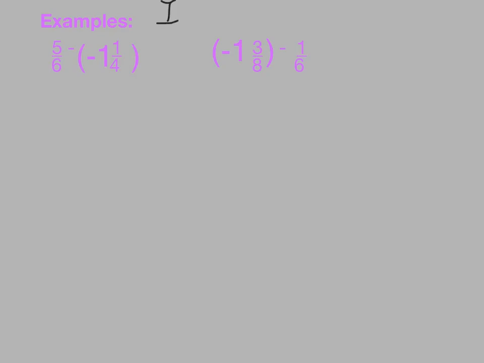Acronym up top. I love eating apples and avocados because they are yummy. So I start with my improper fractions. 5/6 remains as it is. 1 and 1/4: 4 times 1 is 4, plus 1 more is 5/4.